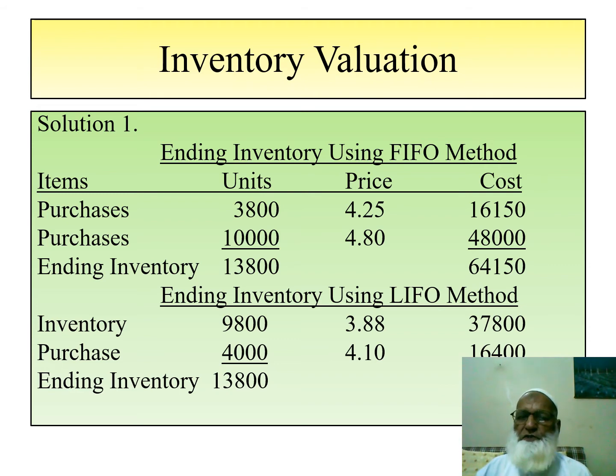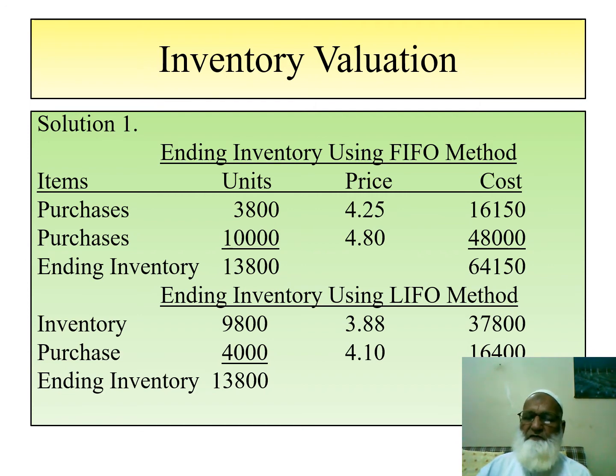Now, if we use the LIFO, last in, first out method, then we will start from the beginning. The ending inventory we are left with is 13,800. These are the total units. So first the opening inventory shall be taken at 9,800, and the cost was 37,800, and then we need 4,000 units from the next purchase at 4.10.